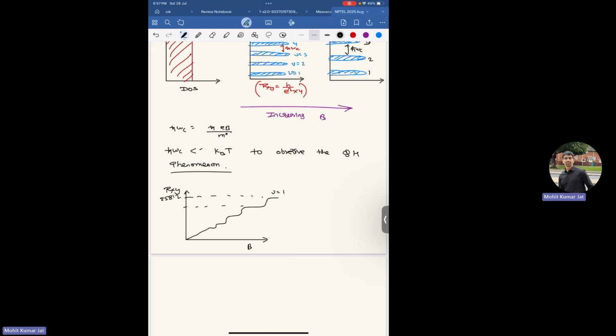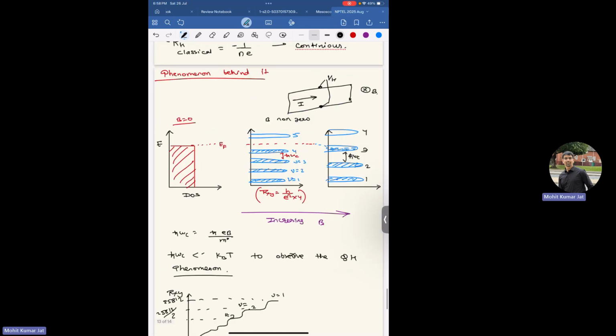Here at nu equals 2, this resistance value will be 25812 by 2. Here it will be by 3. So this will be nu equal to 1, this will be nu equal to 2, nu equal to 3, and so on. So this is basically what the quantum Hall is.